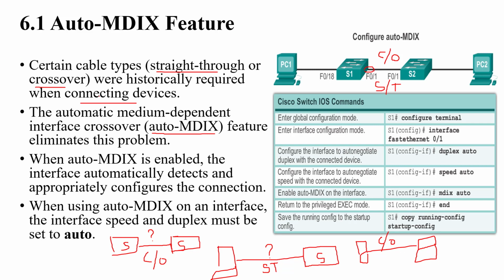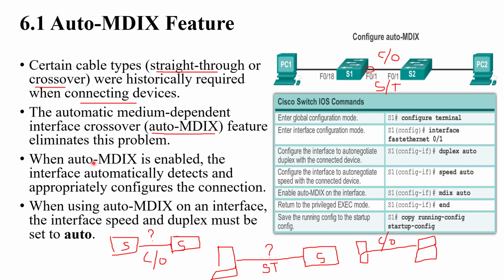Auto means automatic, medium means cable. So automatic medium dependent interface crossover. The X stands for crossover. If you enable this feature, you no need to use the crossover, you can use the straight through. The straight through will be considered as a crossover here.